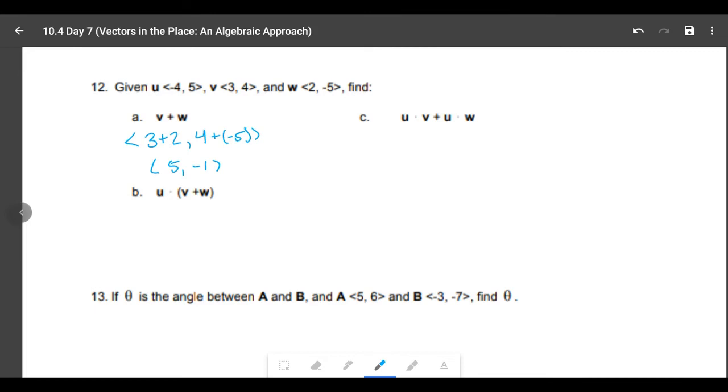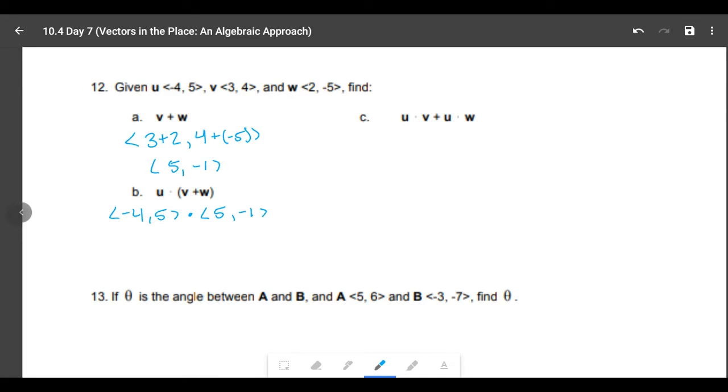For part B, we are going to do order of operations. So we are going to take v plus w, and we are going to apply the dot product to that vector and our u vector. So since part A already found v plus w for us, we are going to take the dot product of negative 4, 5, that u, and our answer from A, 5, negative 1.